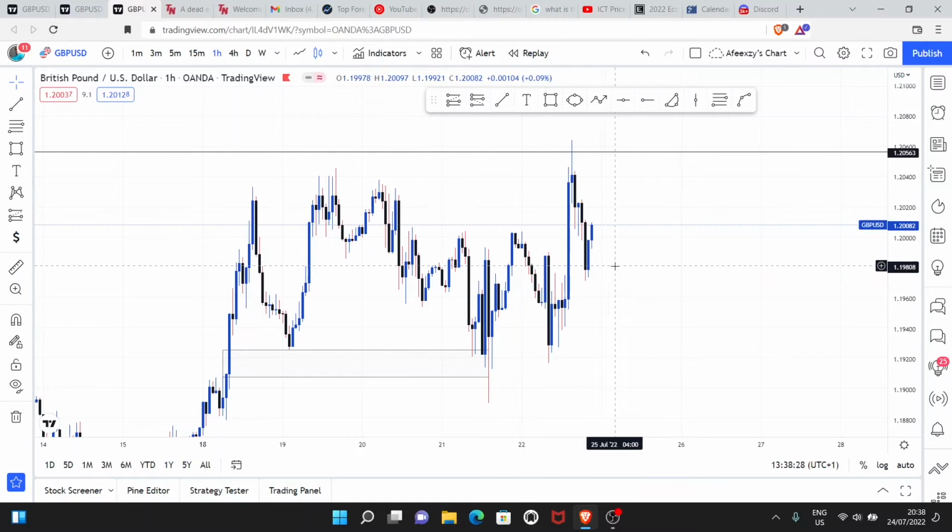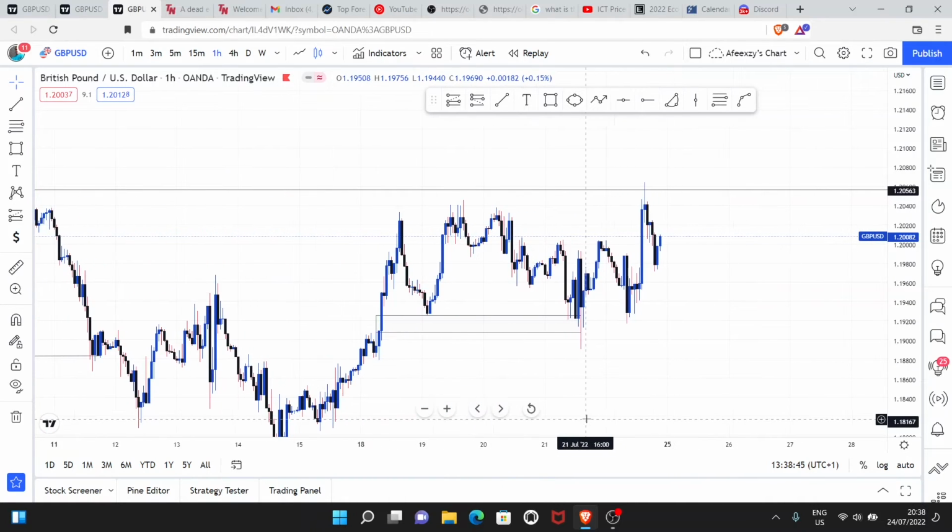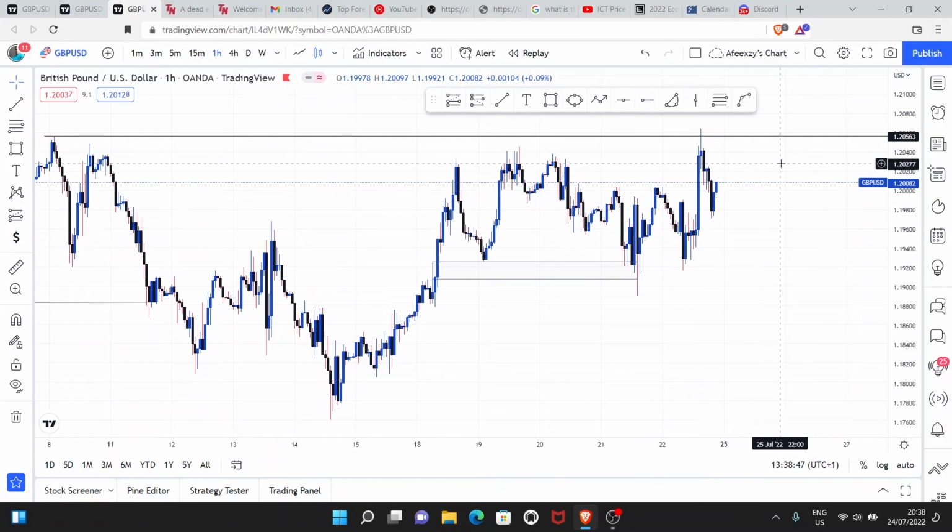So on GU, I'm still watching this zone to see how price reacts. I need to see how it does on the week open. That's it for GU. I need to see how the price reacts as the week opens from here, because I saw it filling this fair value gap to this point.